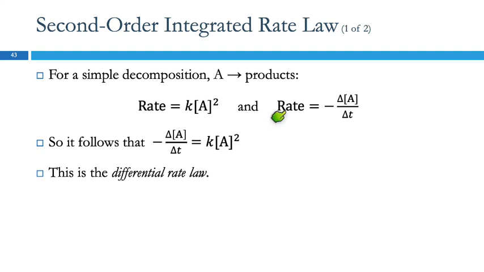We also learned that the rate is equal to negative 1 over the coefficient, which is 1, times the change in concentration of A divided by the change in time. So like we did with the first order one, we're going to take these 2 pieces and make them equal to each other, and we get this negative delta A over delta T equals K times A squared. That's the differential law.